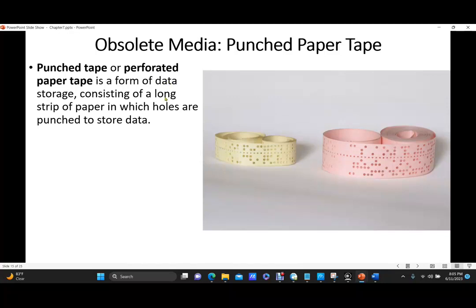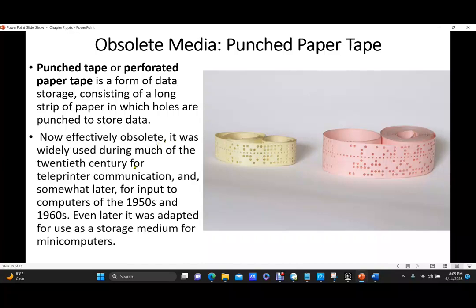Punched paper tape, perforated paper tape, is a form of data storage that consists of long strips of paper with holes punched in to code data. It's pretty much obsolete, but it was once widely used.